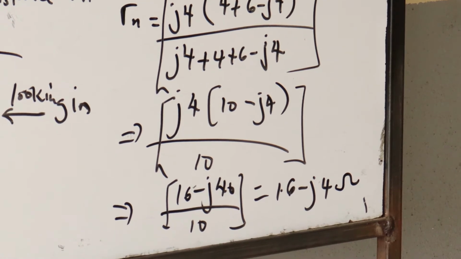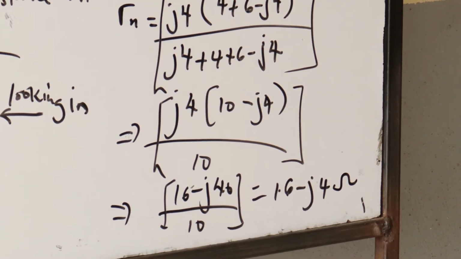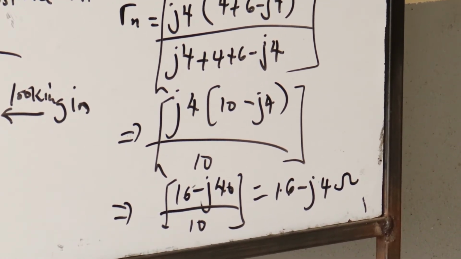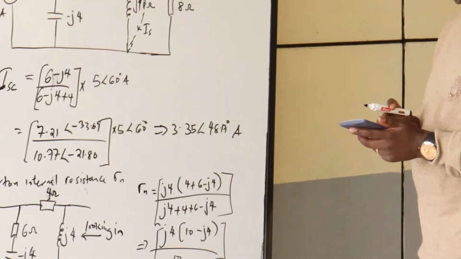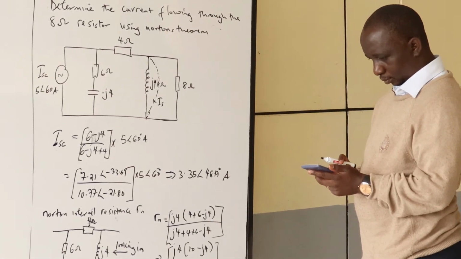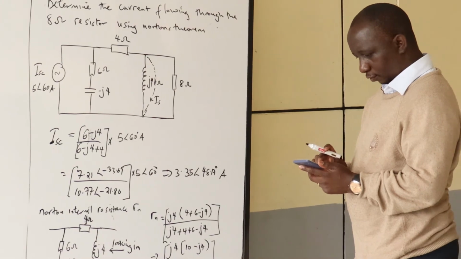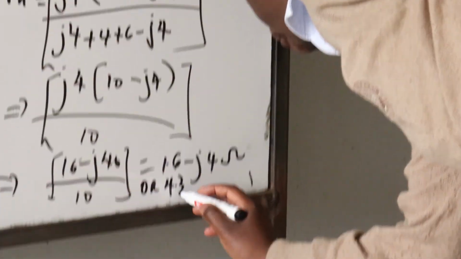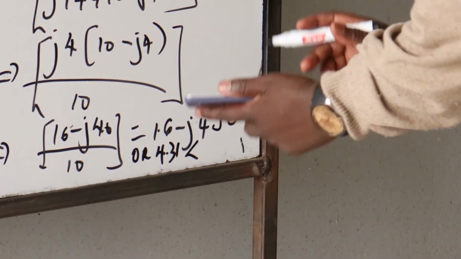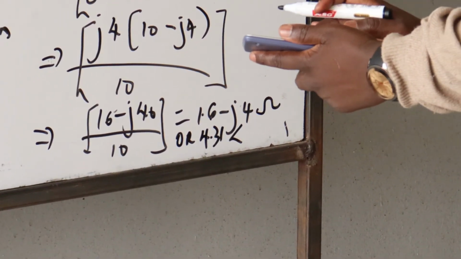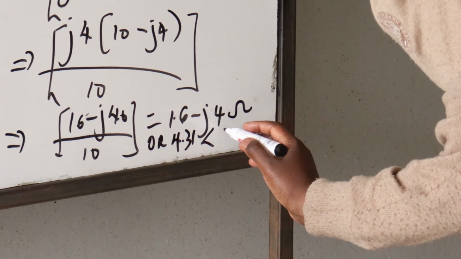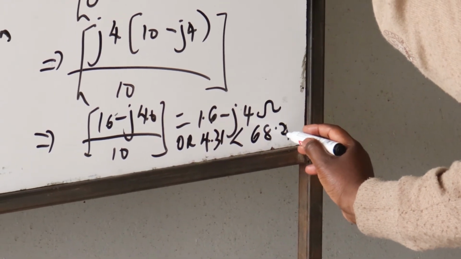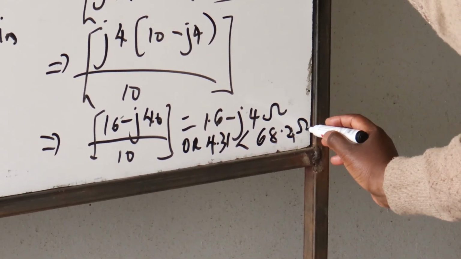We have the equivalent value in polar: 4.31, the angle is 68.2 ohms.